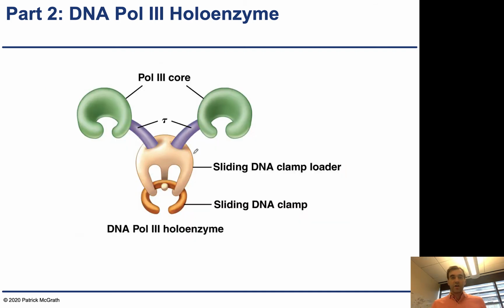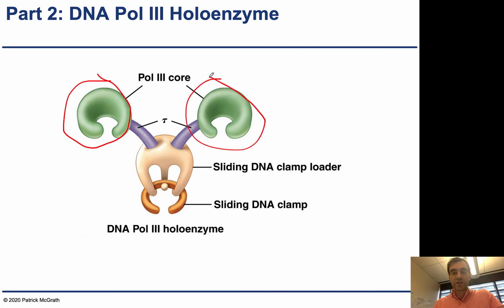So when we put all these things together, this is what the DNA polymerase III holoenzyme looks like. There are two key cores, and these two cores are both replicating strands of DNA. And then we have a sliding DNA clamp that's necessary for locking onto the DNA.